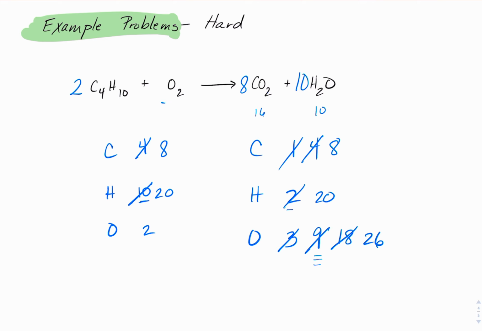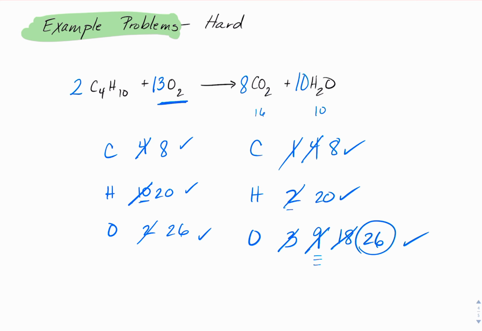There's only one substance that has oxygen on the left-hand side, and it's just O2 by itself, so we can use one coefficient to balance everything back up. Essentially I need to figure out what number to multiply times 2 to get 26. That's half of 26, which is 13. So we can put 13 here as the coefficient. That makes this number 26, and that works out all the way around for the left and right sides for each element.